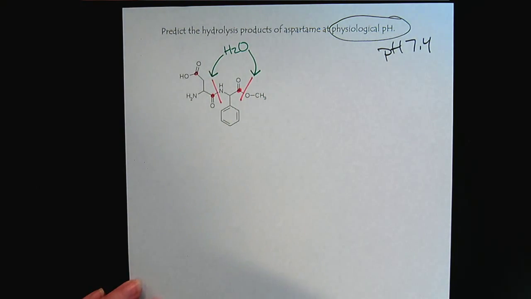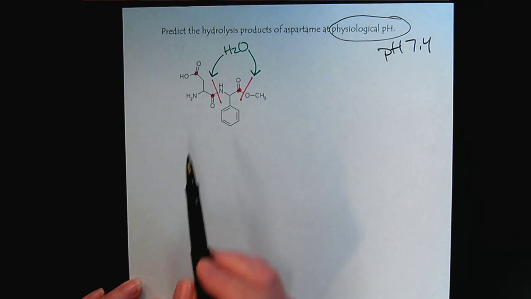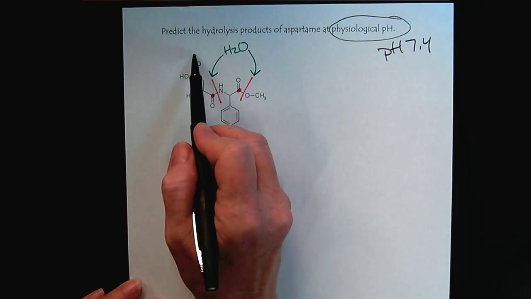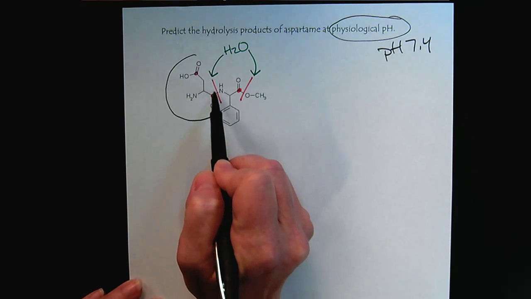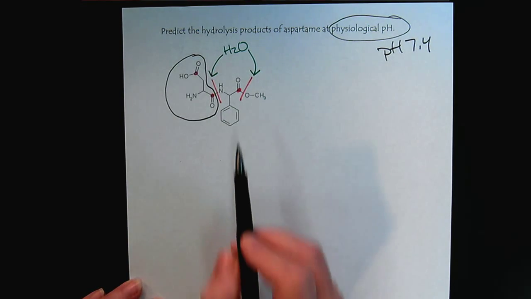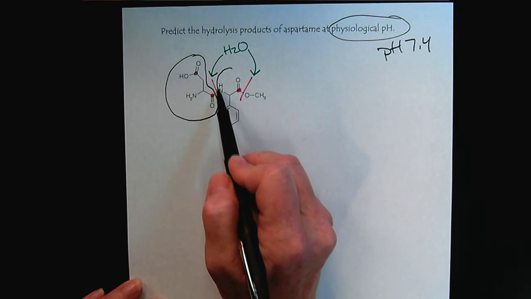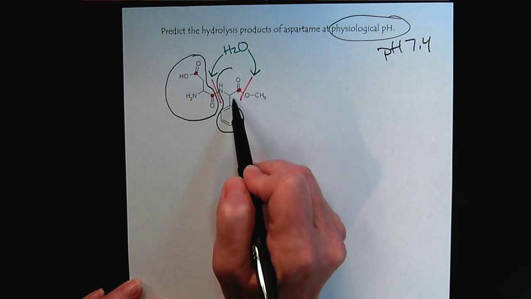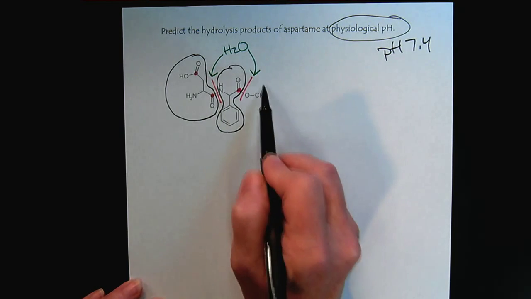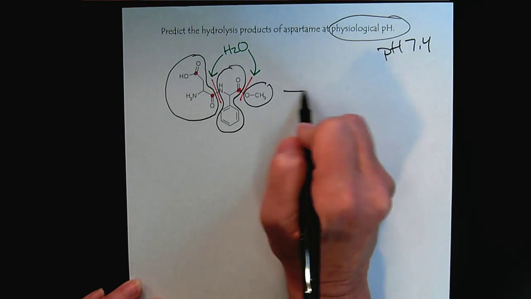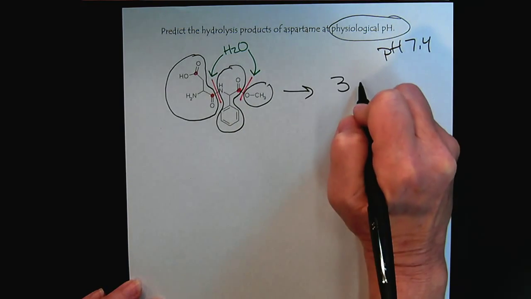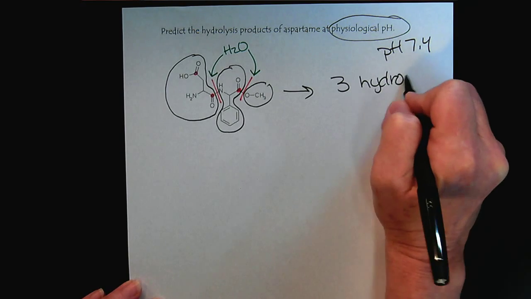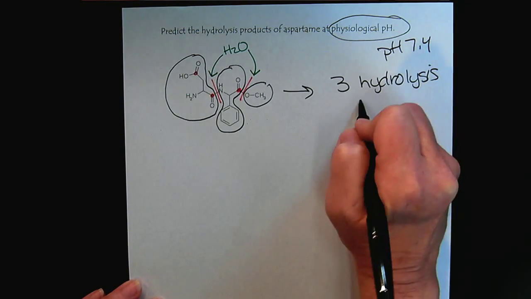Now it could be helpful to simply look at the pieces, right? How many hydrolysis products will we have? Everywhere I've drawn a red line, we're going to split the molecule apart. So we can see that we will have 3 hydrolysis products.